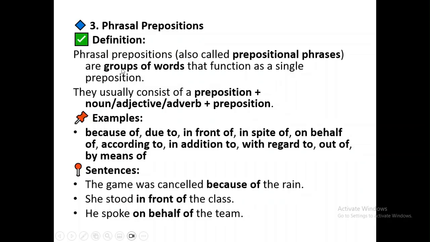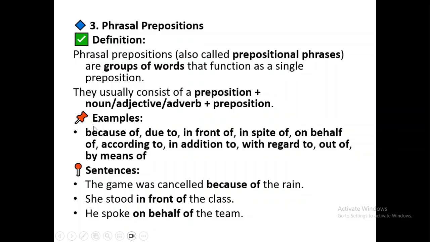So we find two or more words which work as a single preposition. Generally, they consist of a preposition plus a noun, adjective or adverb, plus a preposition.